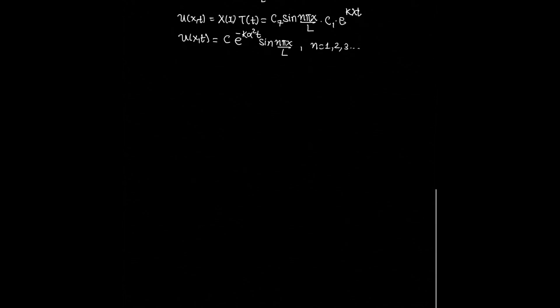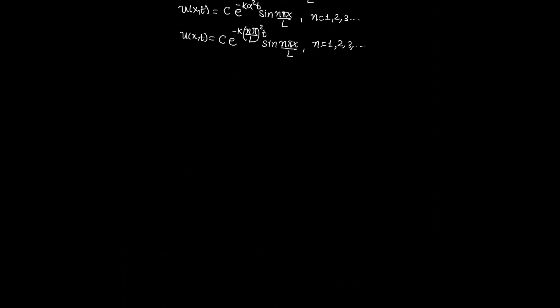So you have that u equal to C e to the minus k, and alpha is n pi over L, so it's going to be squared, t, sine of n pi x over L for n equal to 1, 2, and 3, and so on.